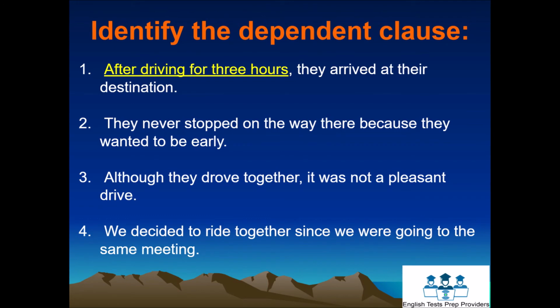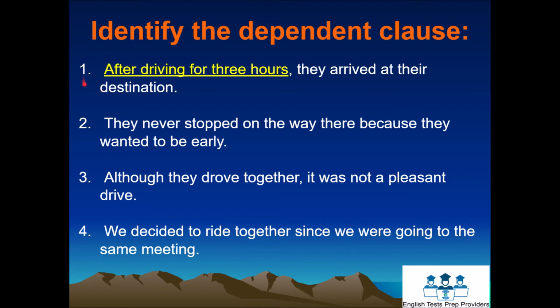Okay, let's move on to identifying the dependent clause first. So in number 1, "After driving for 3 hours, they arrive at their destination." One of the signposts that we have noticed to determine that it is a dependent clause is the subordinator.